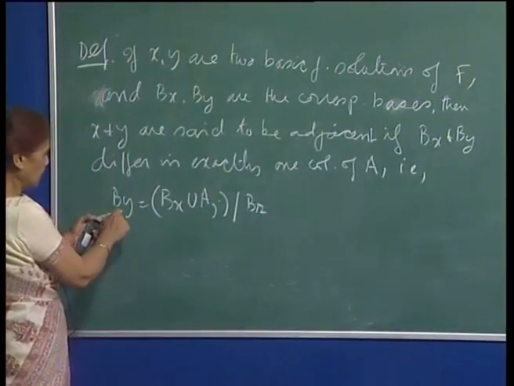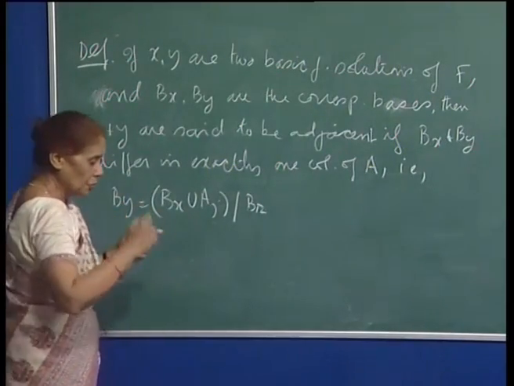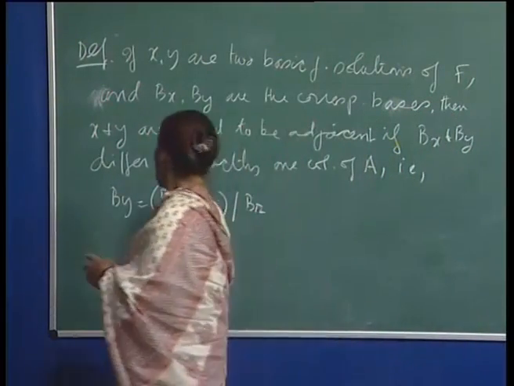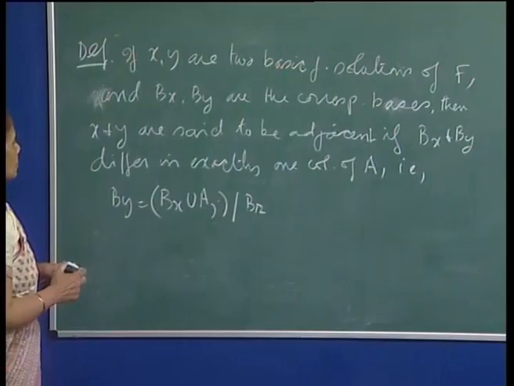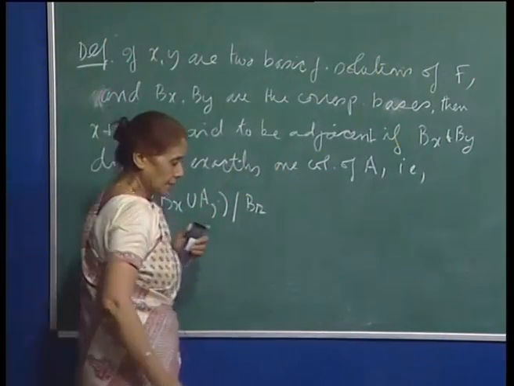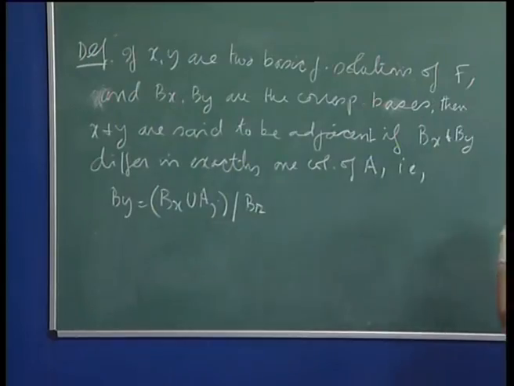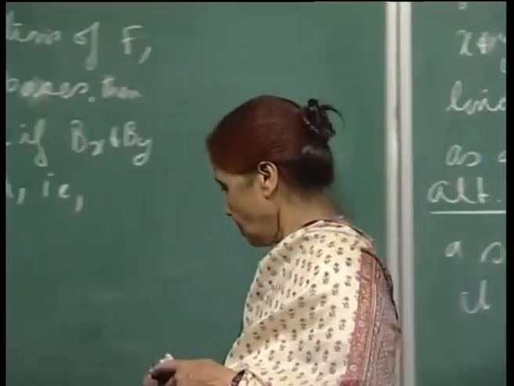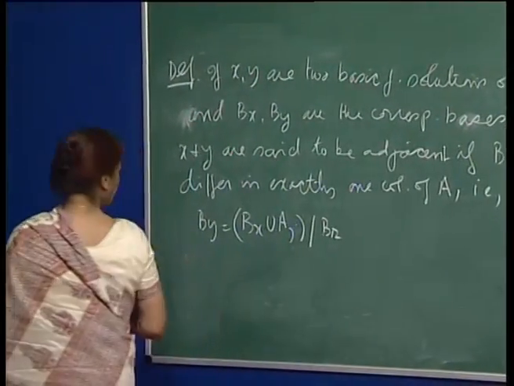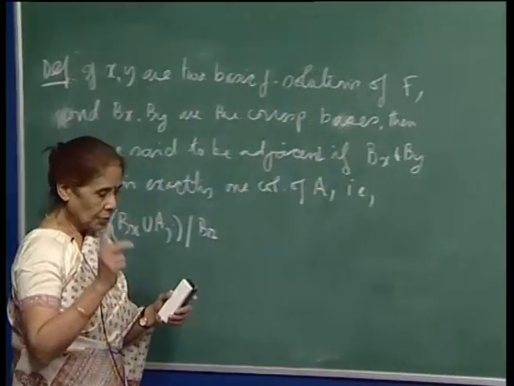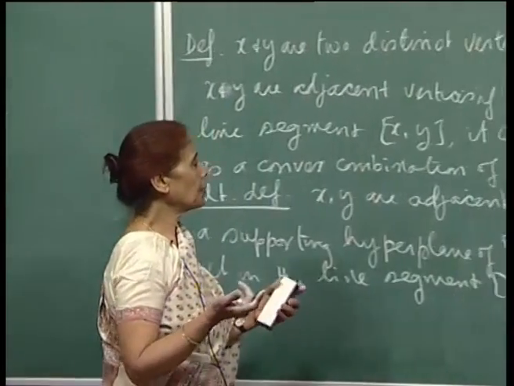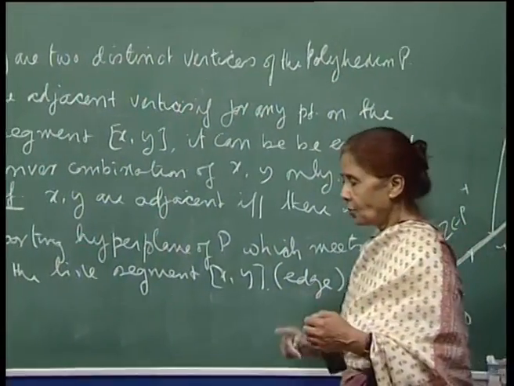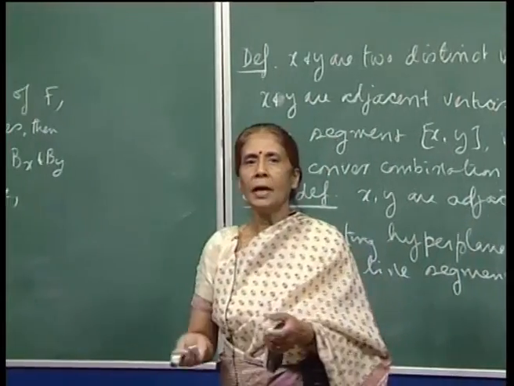So the basis obtained by removing one column from Bx and adding another one makes it an adjacent basis. Two basic feasible solutions are said to be adjacent if one is obtained from the other by replacing one column of the basis. Now the theorem that I want to prove is that for two distinct extreme points or vertices of the polyhedron P, if the two vertices are adjacent, then the corresponding basic feasible solutions are also adjacent, and vice versa.